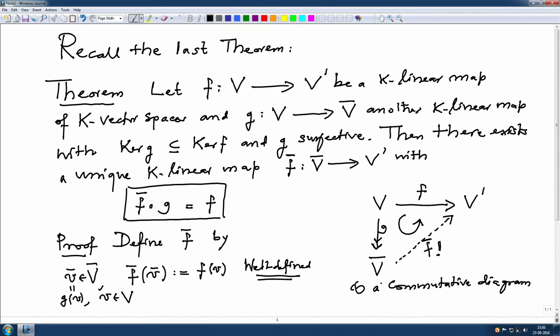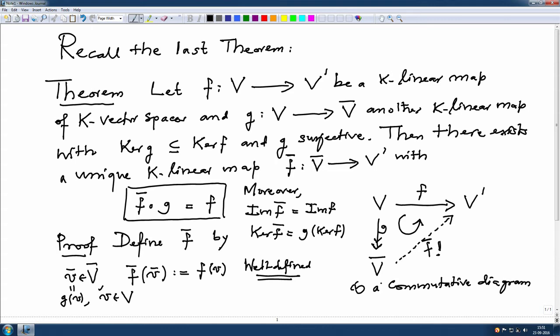Okay. Moreover, in this there was another part. It says what is the image of this new map F bar. Image of F bar is the same as image of F, and kernel of F bar is the same thing as image of the kernel of F under G, G of kernel F. These two equalities are merely verifications.